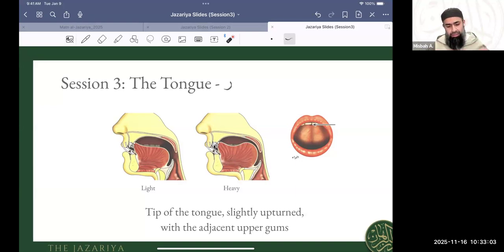What else happens in Ra? You see this little arrow right here. It's pointing to a small opening. The ra is produced with a small opening, meaning the sound will stop or continue from the mouth. What will happen to the sound?